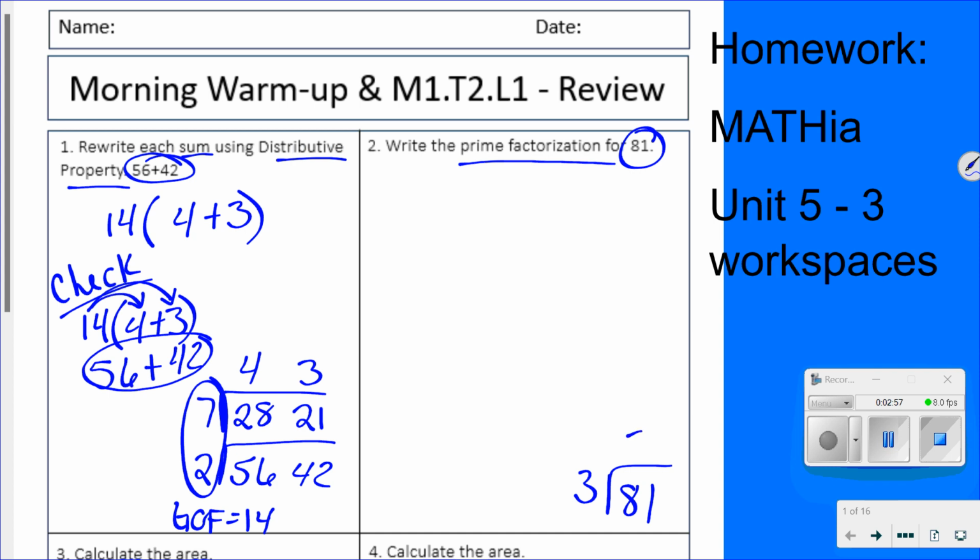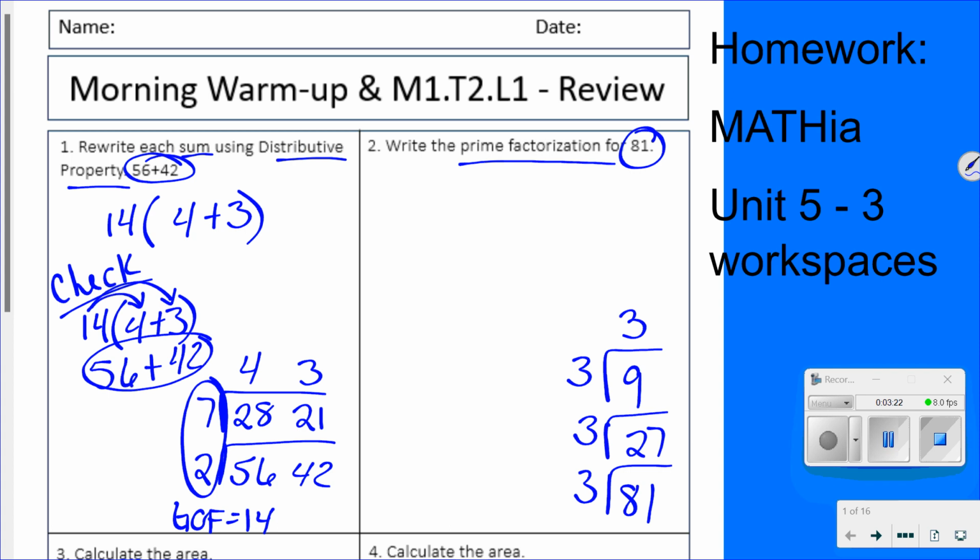There we go. All right, can we break down 27? Yep, what number? Oh, 3. 3 goes into 27 how many times? And then can we make 9 smaller? All right, what goes into 9? 3. And can I break 3 down any smaller? No, it's going to stay as is.